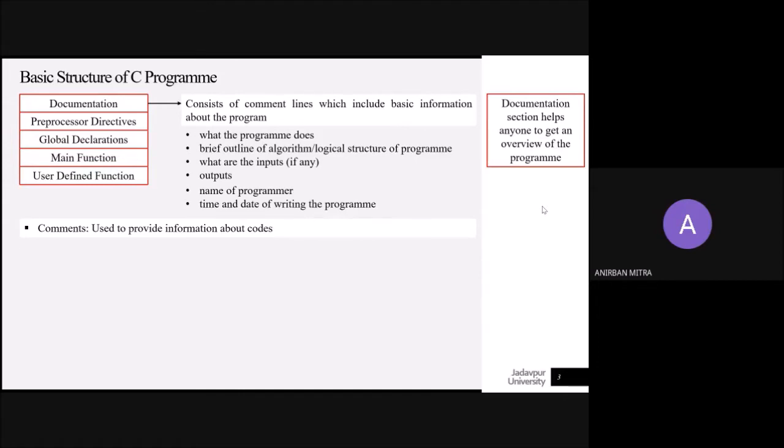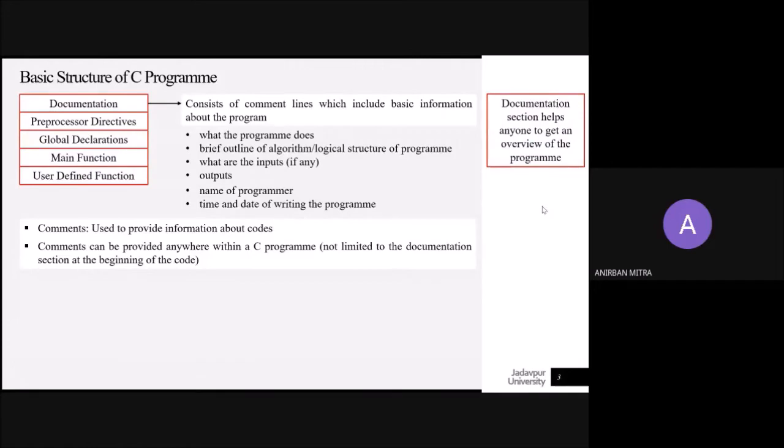But at all other places of the program, comments can also be provided to indicate what is being done at a particular line of code. So comments are used to provide information about the code throughout the program. As I've already mentioned, it is not limited to the documentation section at the beginning of the code.